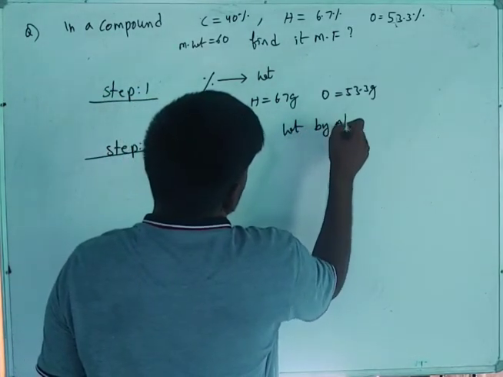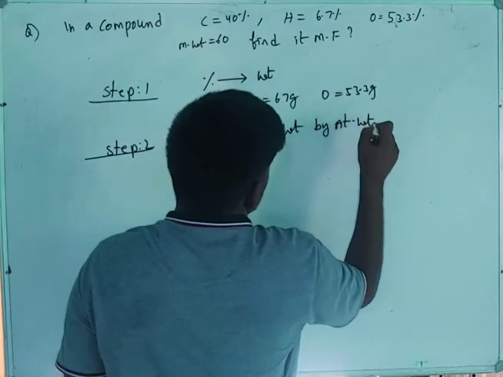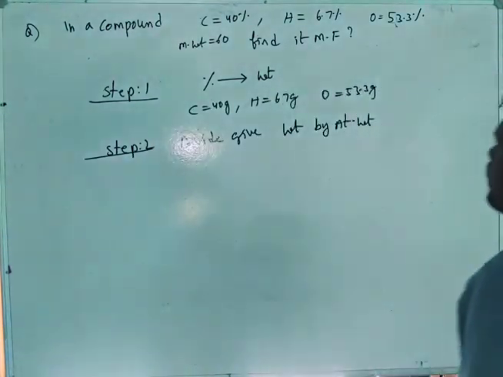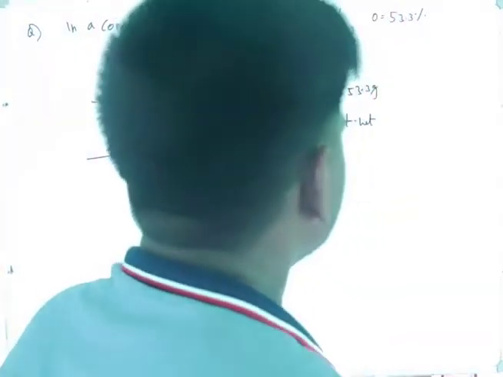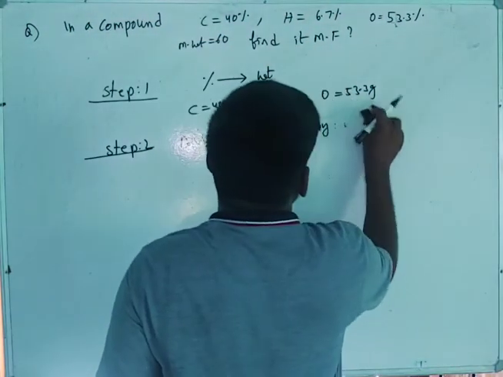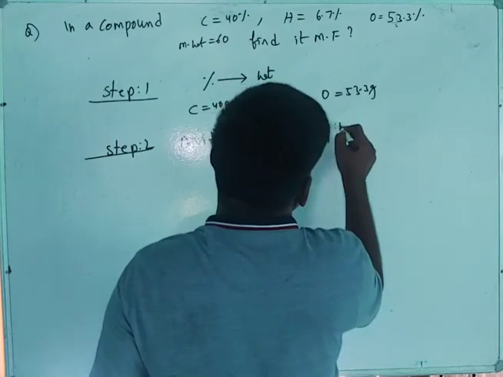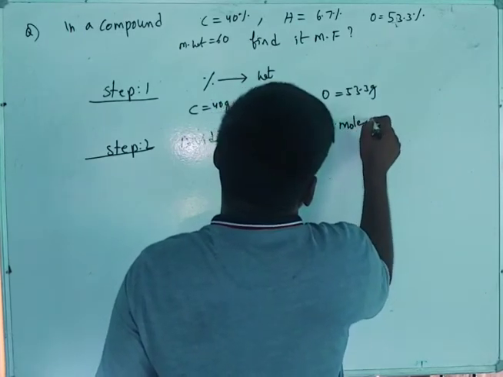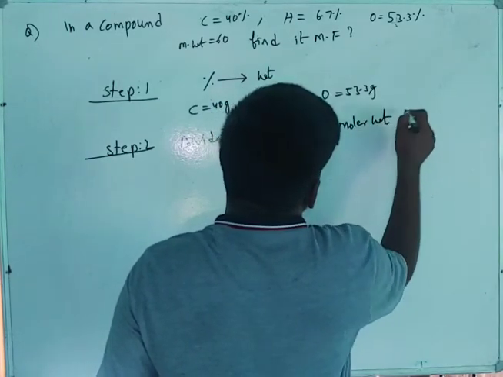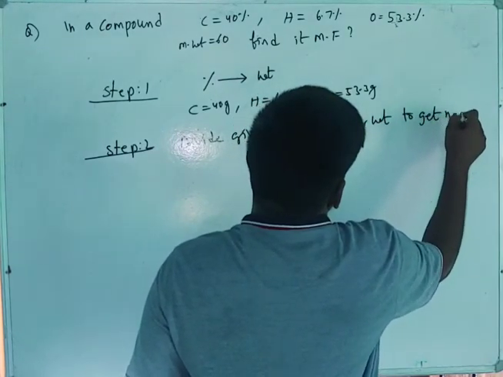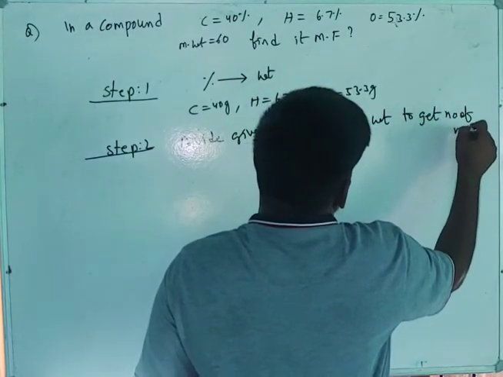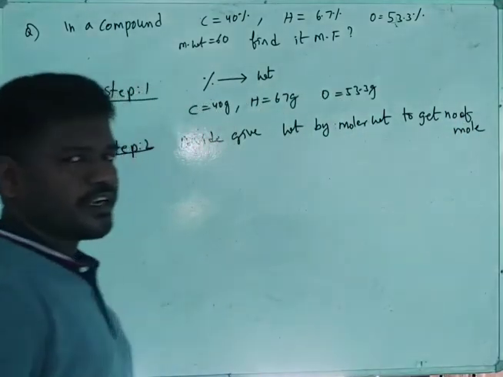Let me take it as molar weight, guys. Divide given weights by molar weights to get the number of moles. Already you know what a mole is.